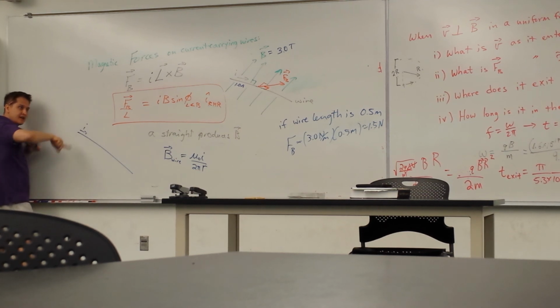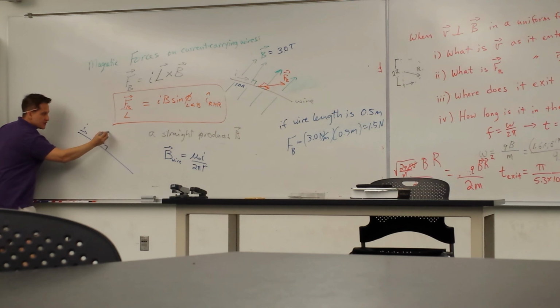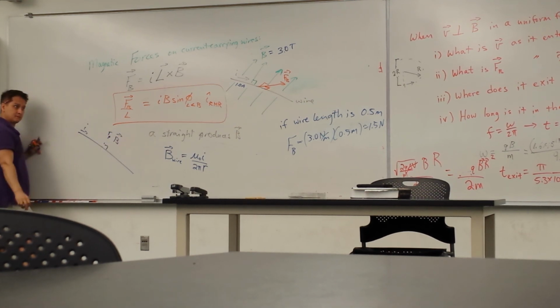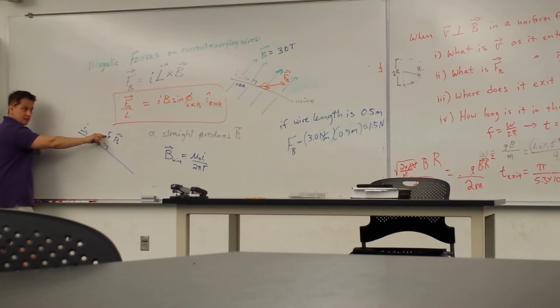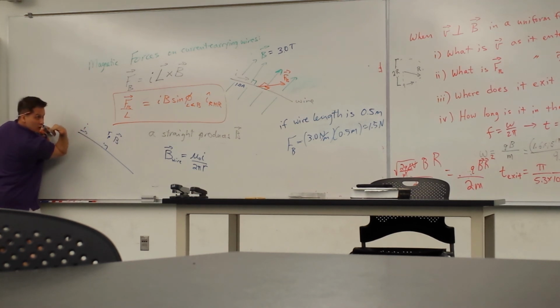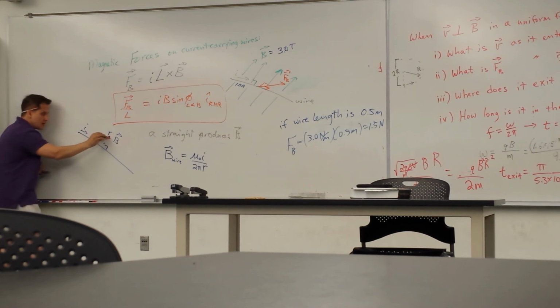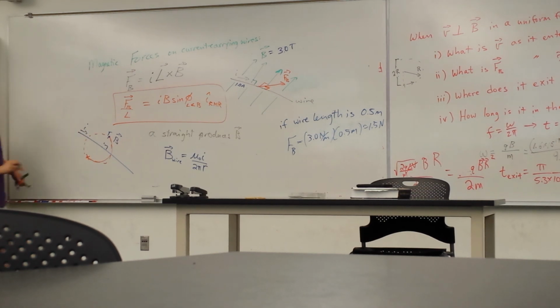The orientation is 90 degrees, but if you're at some distance r away, the magnetic field at this distance would be inversely related to how far away you are. And the magnetic field would curl, according to the right-hand rule, thumb in the direction of the current. So the field would curl something like this, out of the board, into the board. I can't draw that, so I'll leave it at that.